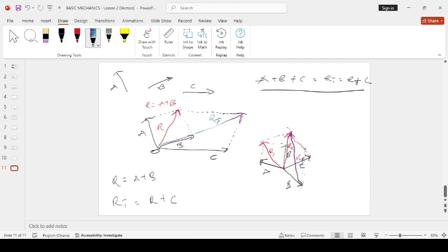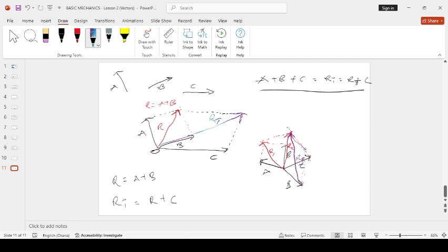Then we can find it using the sine rule or the cosine rule, which will be discussed in the next video. And for parallel vectors, their vector addition is quite simple and straightforward. It's just simple arithmetic.